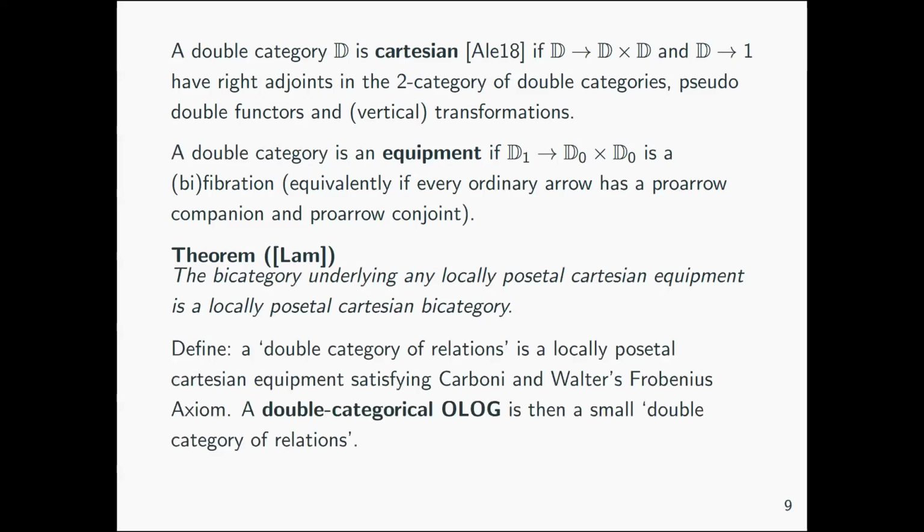And so on the basis of this result, we make a definition that a double category of relations is a locally posetal Cartesian equipment satisfying in its underlying bicategory the extra axiom that Carboni and Walters asked for that distinguishes bicategorical relations from the Cartesian bicategory. And we'll define a double categorical OLOG to be a small instance of such a thing.